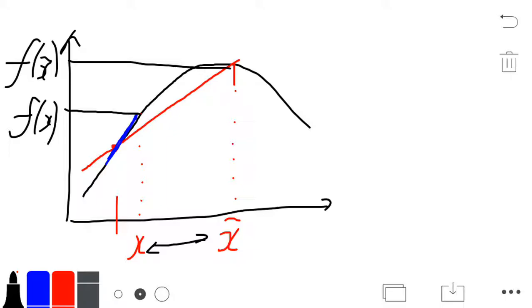And we're interested in looking at how the product of these two values, the error, propagates through our model. But we can overcome this if we assume that x tilde is close enough to x and that the function value of x tilde is continuous and differentiable at that point.